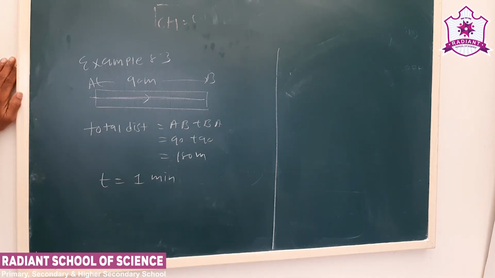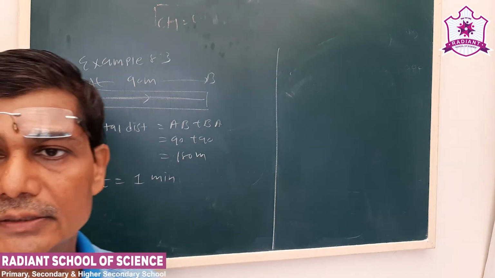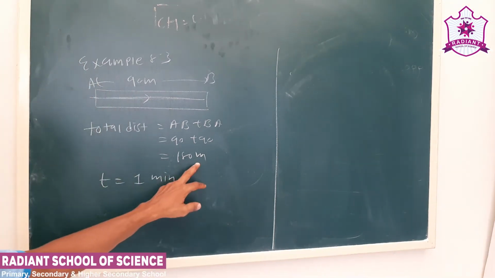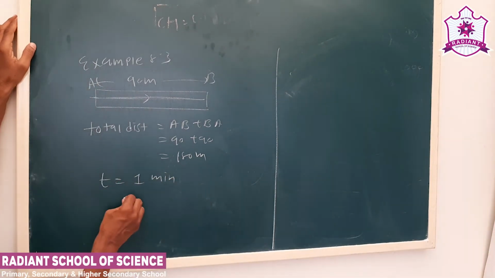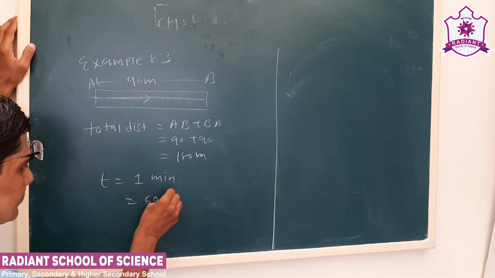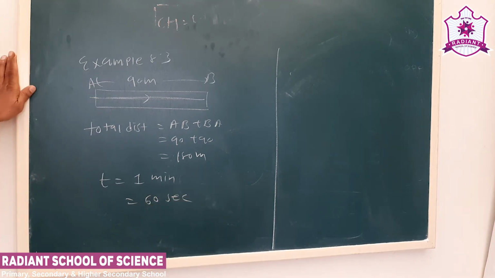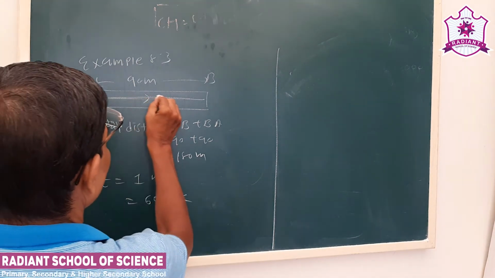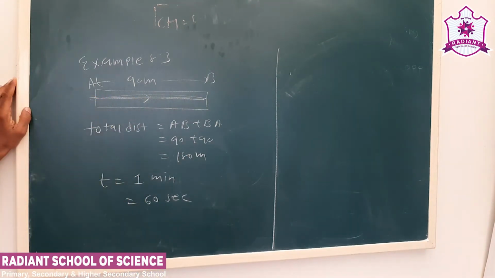Now we have to calculate average speed and average velocity. Generally, when distance is in meter, time should be in second. 1 minute is how much? 60 seconds. Now see, the total distance is 90 plus 90, that is 180. But what will be the displacement?